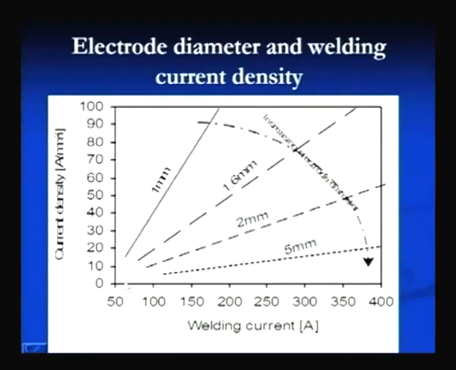However, the same increases very rapidly in case of the small diameter electrodes. So, the current density increases rapidly with the increase of welding current in case of small diameters compared to the large electrode diameters, and this current density significantly affects the melting rate during the welding.